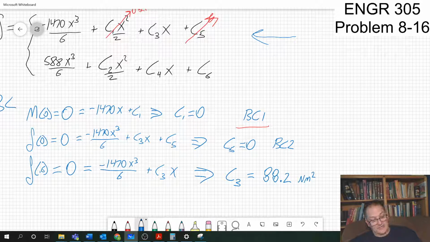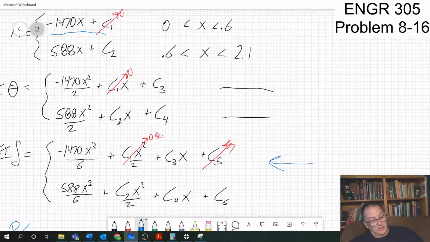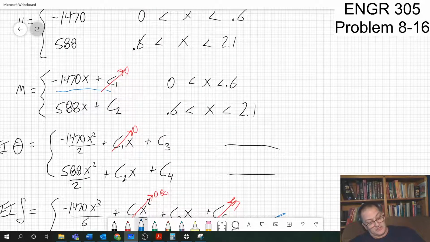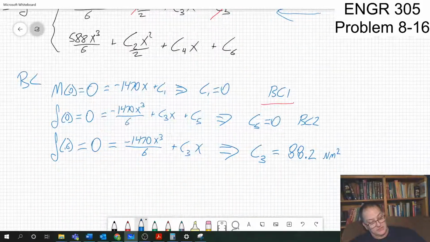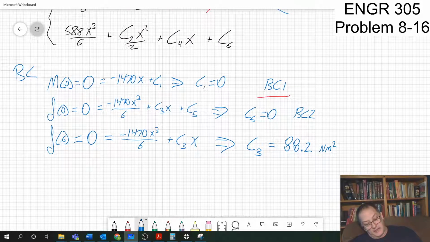And then I put units on it, Newton meters squared. The 1470 is in newtons, and the distance is going to be in meters, and these need to be consistent. So Newton meters squared times meters is going to give me consistent units all the way across.